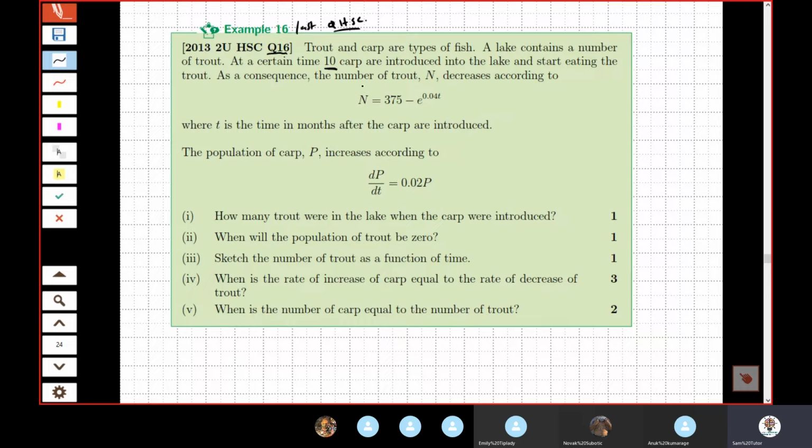As a consequence, the number of trout, N, decreases according to this, where t is time in months. After the carp got introduced, the population of carp will increase according to this: dP/dt equals 0.02P.